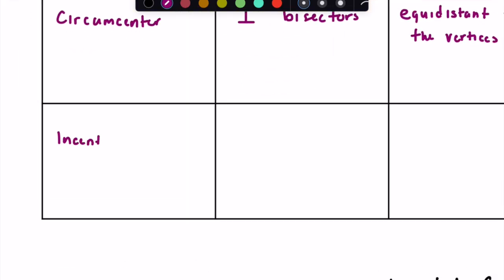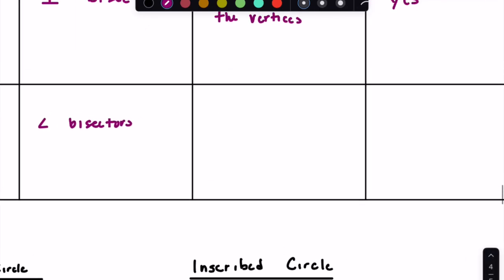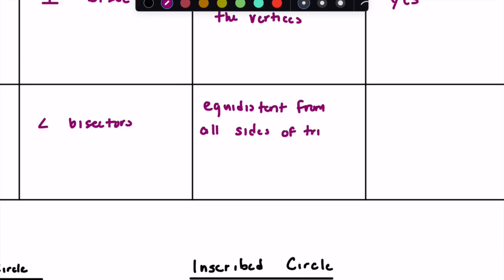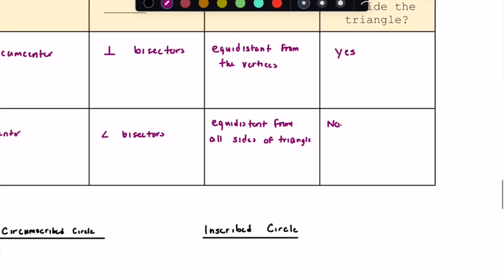This is where all the angle bisectors meet, and it is equidistant from all the sides of the triangle. And as we just discussed, the incenter can never be located on the outside.